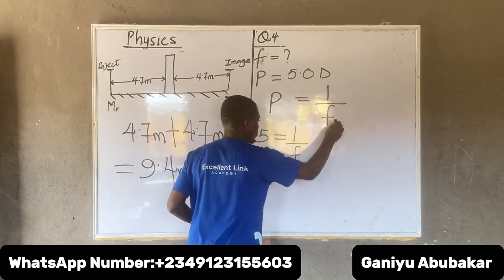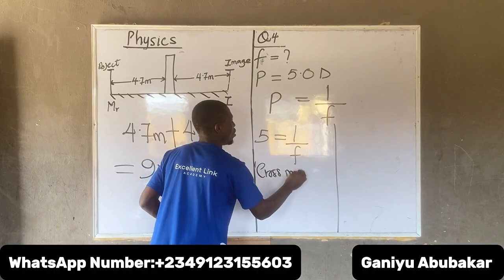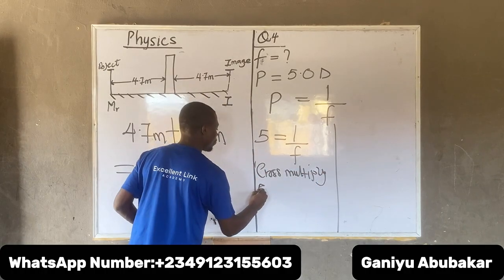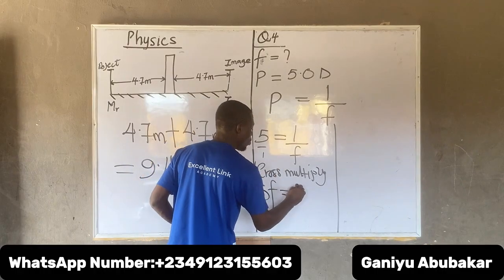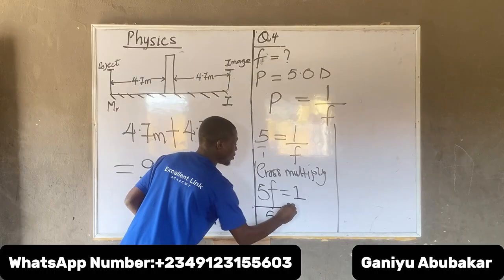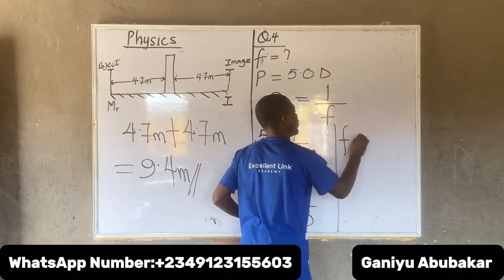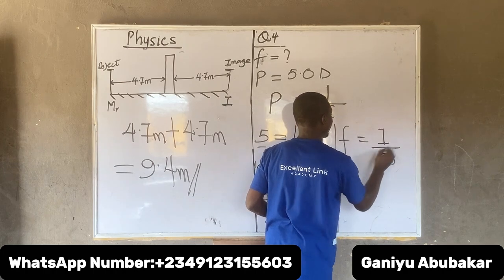Better still, for understanding's sake, I want to cross multiply. That gives you 5 times f gives 5f is equal to 1 times 1, which gives you 1. To get f, what do I do? Divide by 5. So the focal length f will be equal to 1 over 5.